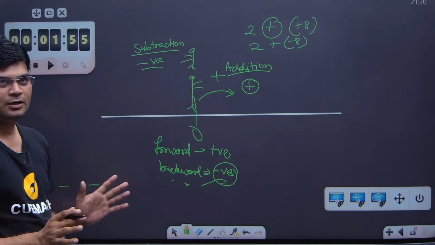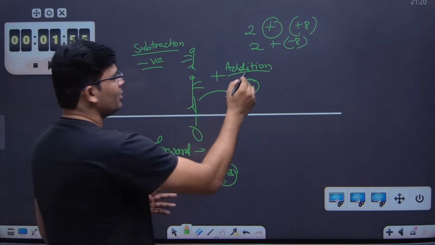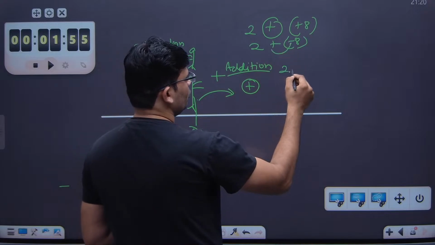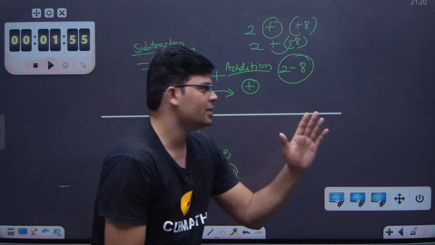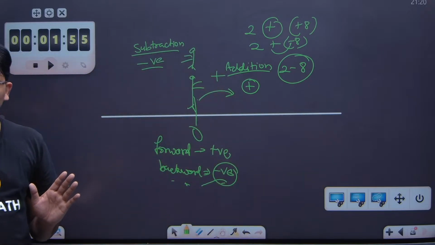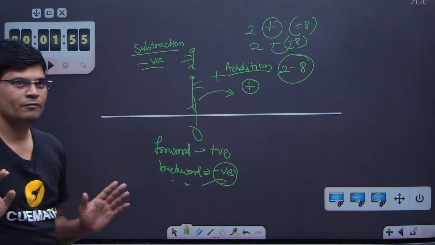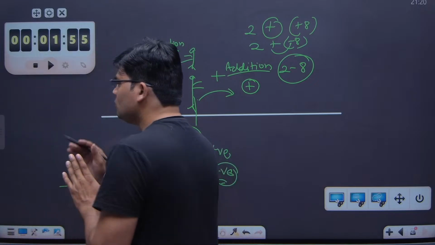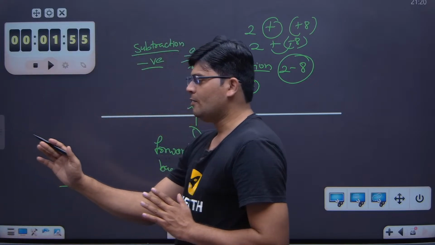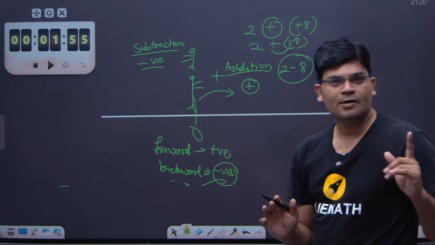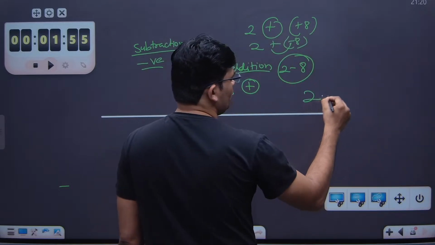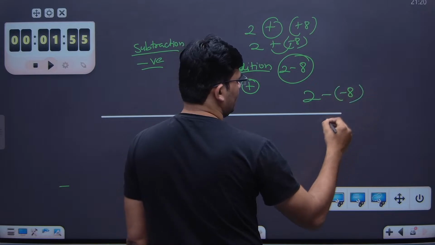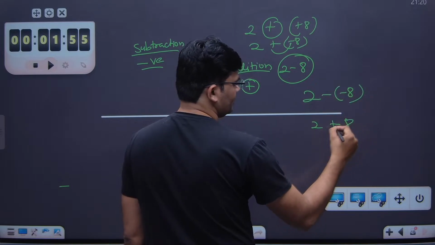Are you getting it? Yes. So moving backward means plus of minus is going to be minus only. Facing towards positive, moving backward means you are going towards negative. Now facing towards negative and moving backward means I am moving towards positive. So that's why we say 2 minus minus 8 is 2 plus 8.